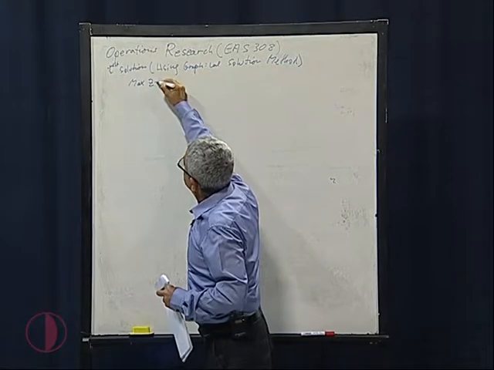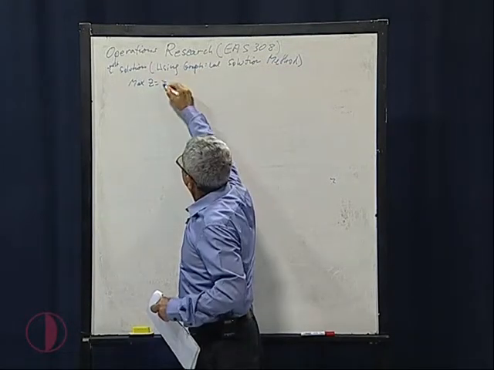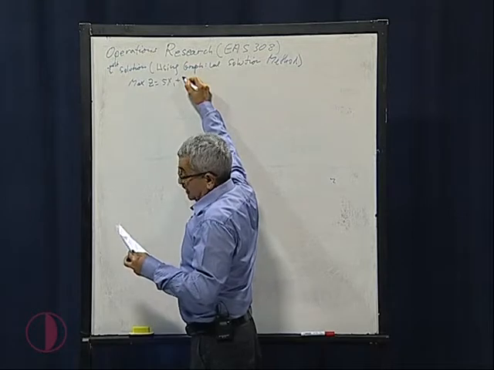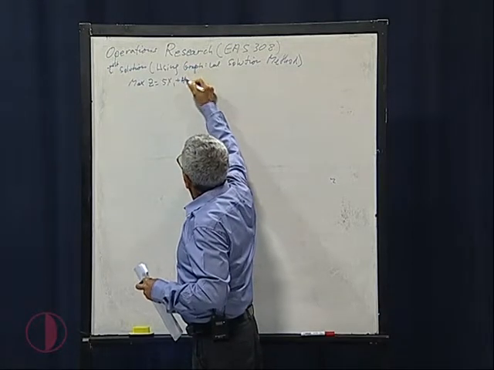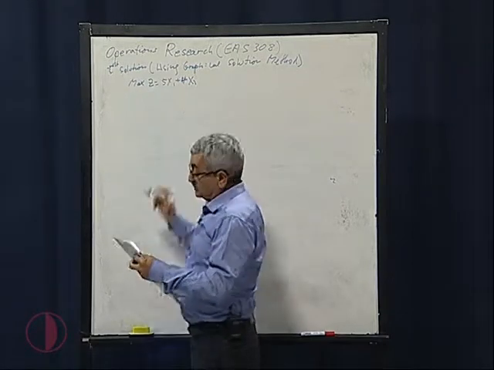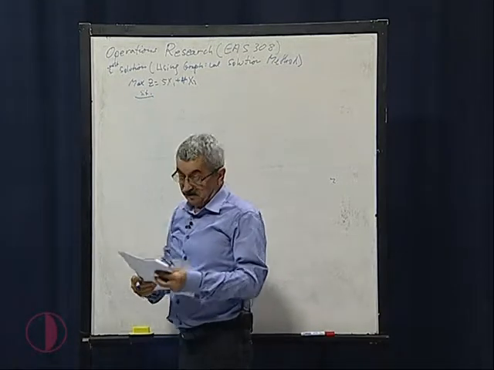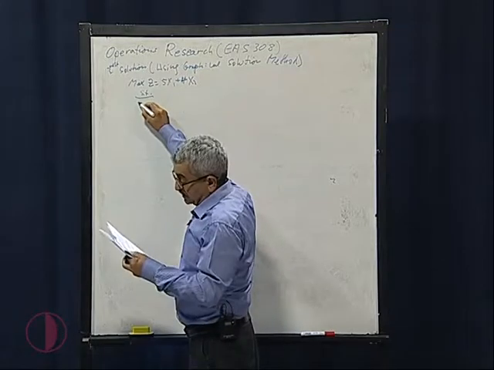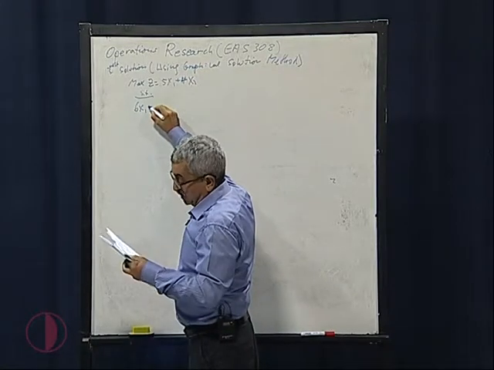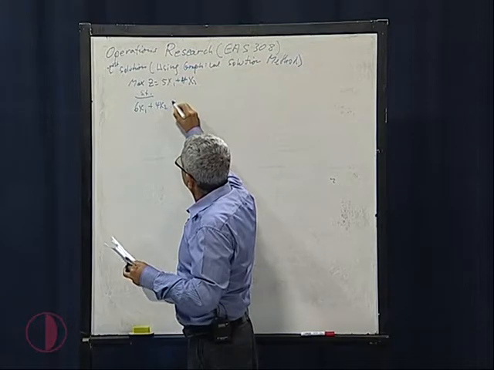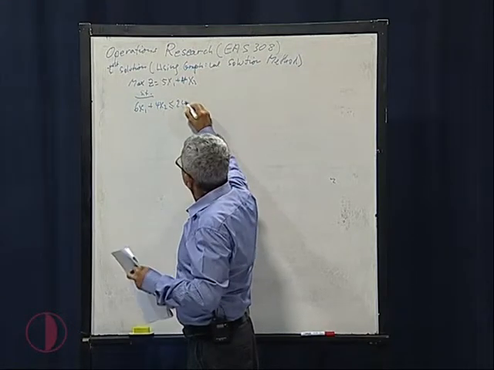It was the maximization type problem. Maximize z equal to 5x1 plus 4x2, and this is subject to the constraints. As you know, we have the raw material one, which is 6x1 plus 4x2, smaller or equal to 24.